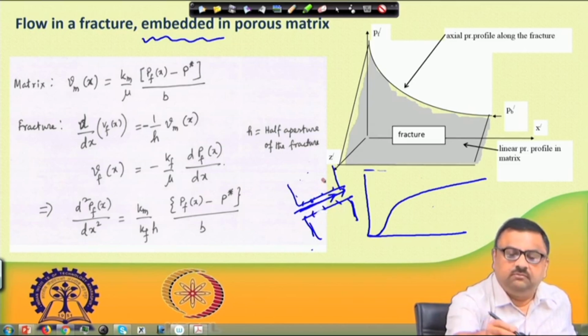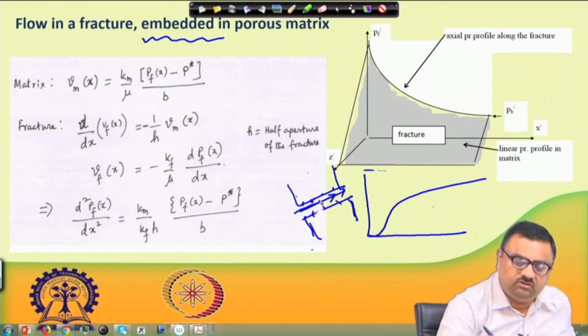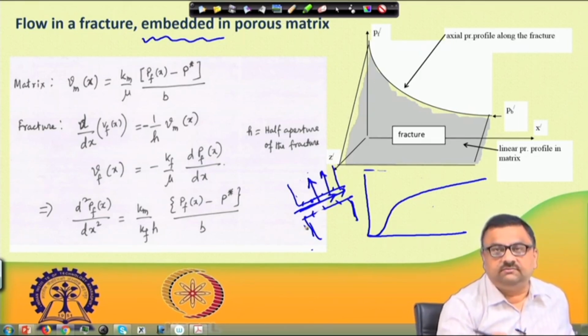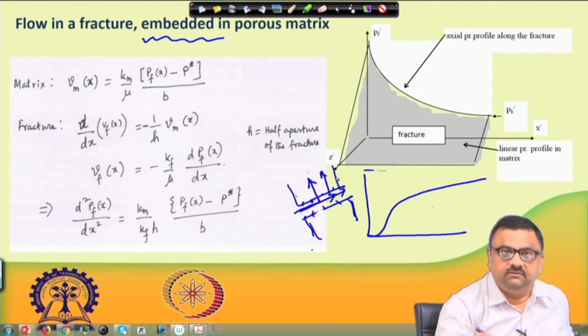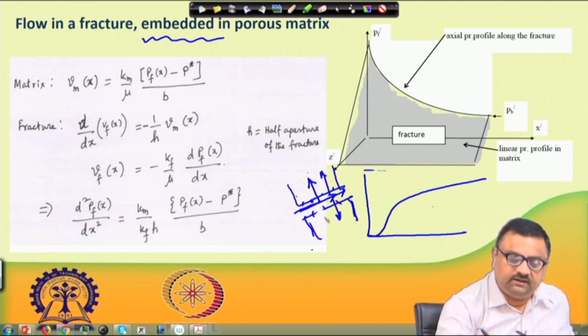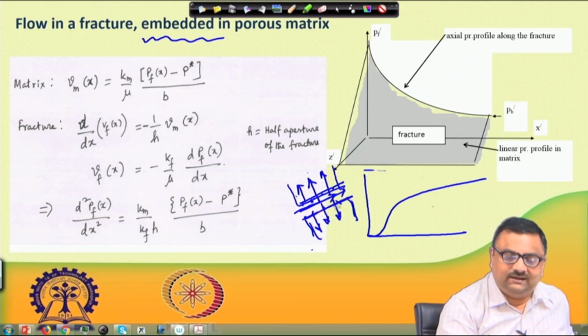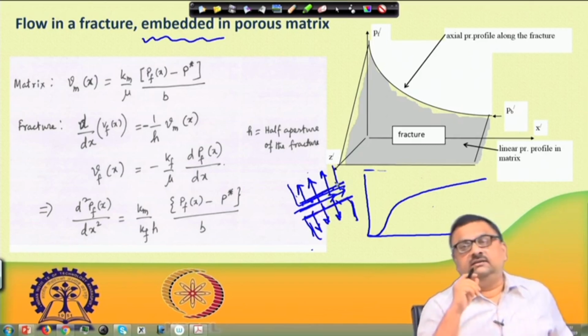But now we are talking about a Darcy flow in this direction, because the pressure in the fracture has been jacked up, much higher compared to the adjoining matrix. So, we would expect a Darcy flow. At that time the fracture is acting just as a line source.